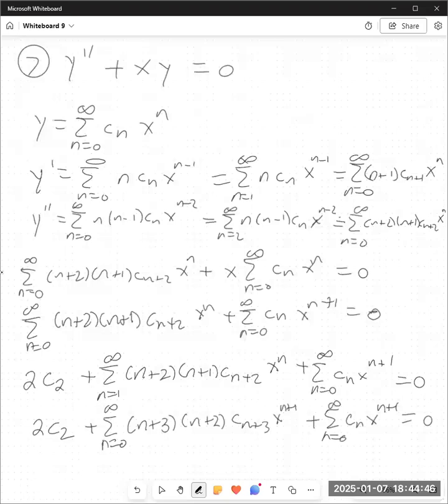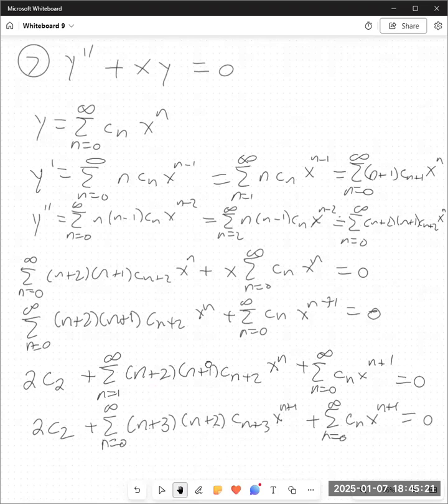This is 3 times 2 is 6, c_3, x to the first. So we're looking for a first term of 6 c_3 x to the first, right? Now my first term is 3 times 2 is 6, c_3, x to the first. It's generating the same series. When I take the index down by 1 and add 1 to all of the n's on the inside, I'm forcing exactly the same series as what I had.